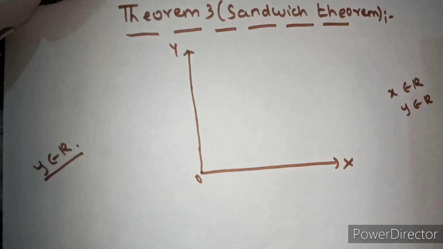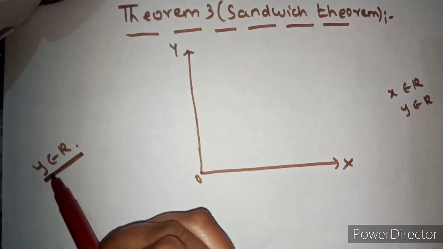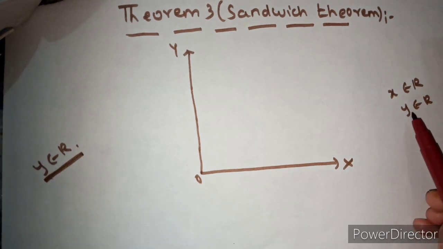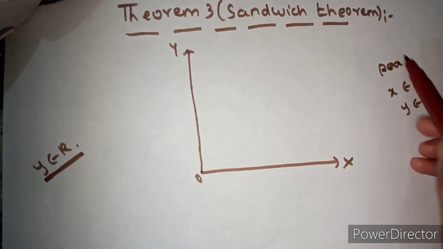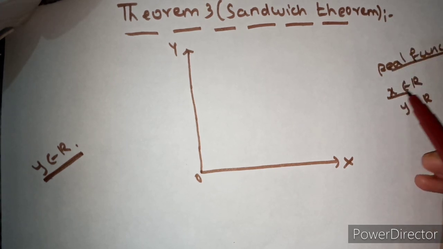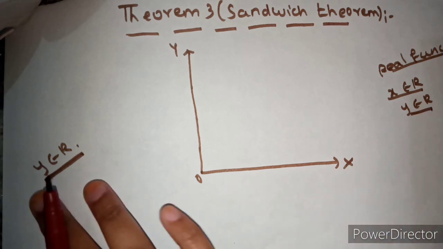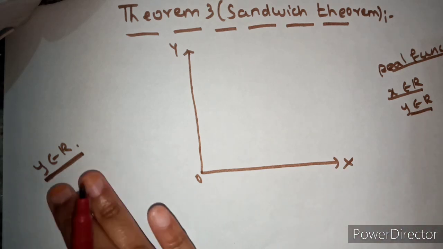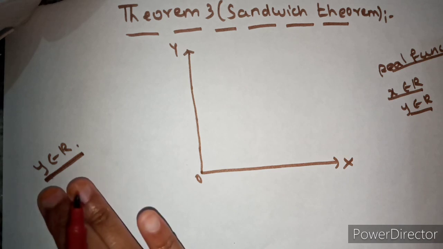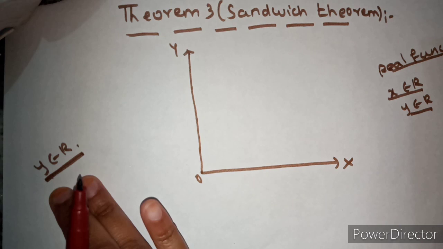In real valued, we consider only the range, which should belong to real numbers. But in real functions, domain should also belong to real numbers, range should also belong to real numbers. If the range belongs to real numbers, then the function is said to be a real valued function.